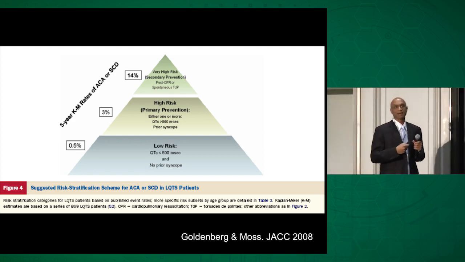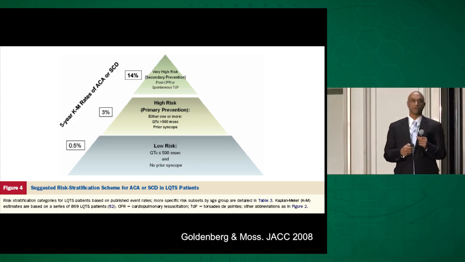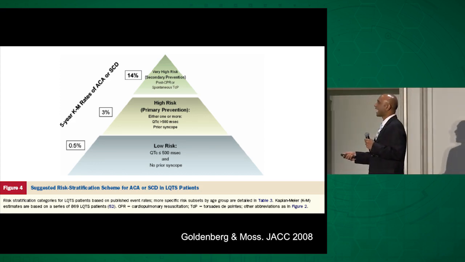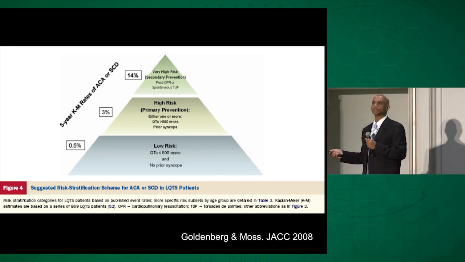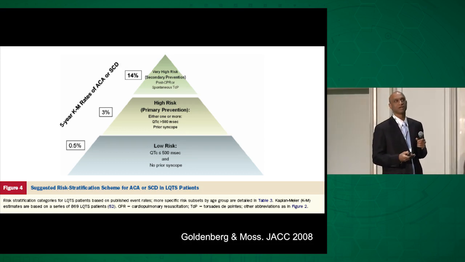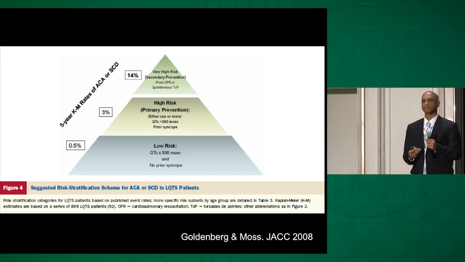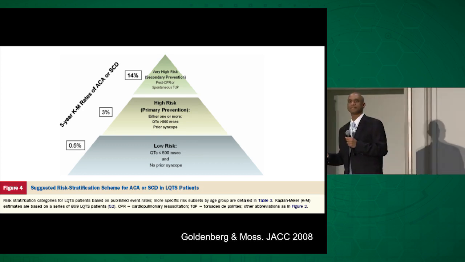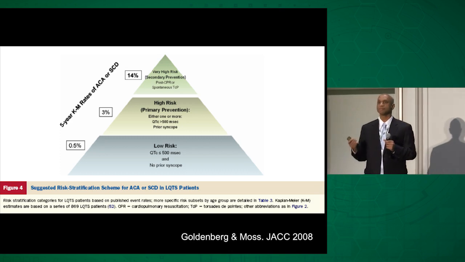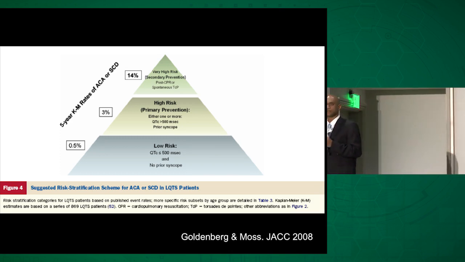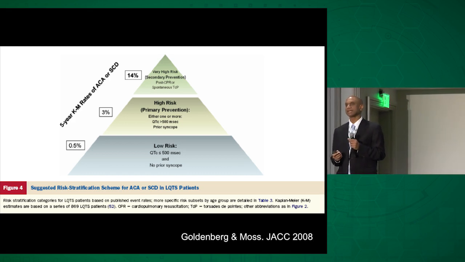So with this, we can come up with a risk stratification score or risk stratification subgroups. The highest risk of these are patients with long QT syndrome that already have had cardiac arrest or episodes of torsade. In the lowest risk group are people that have long QT syndrome, but the QT interval is less than 500, and these people have not had any syncope in the last 2 years.